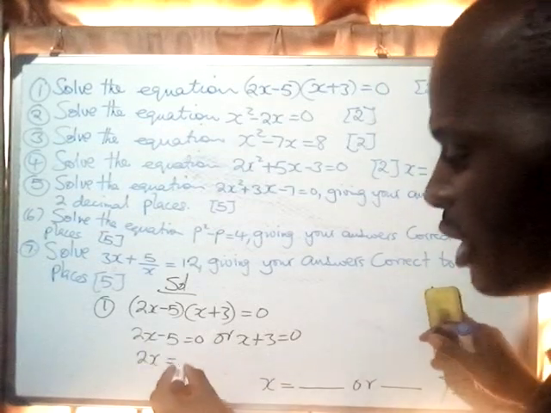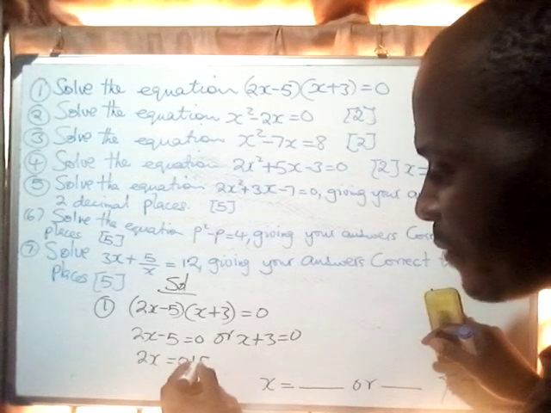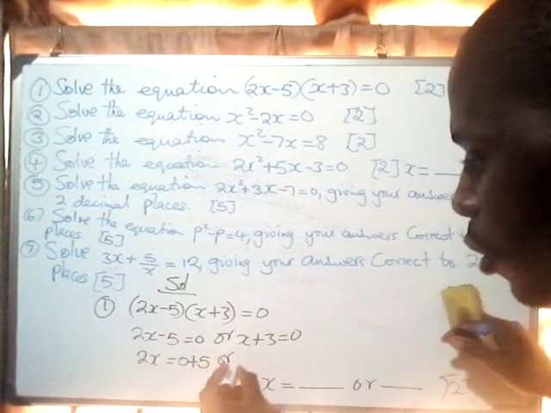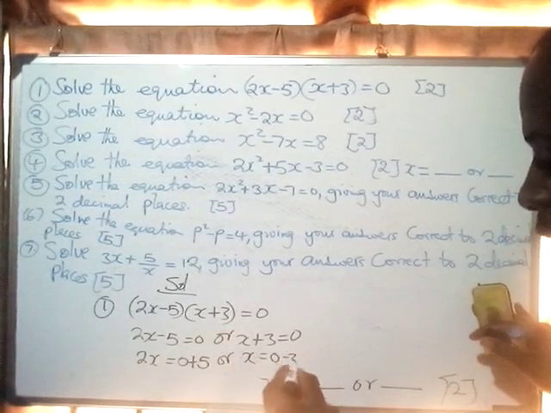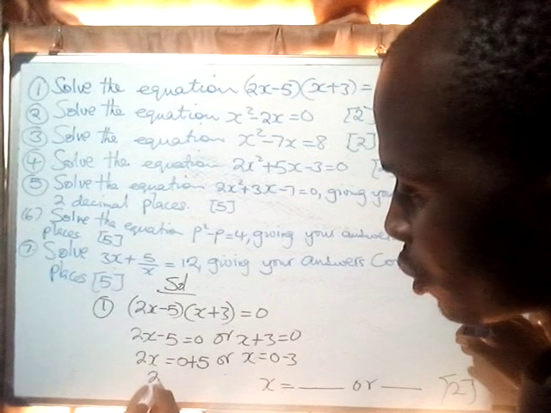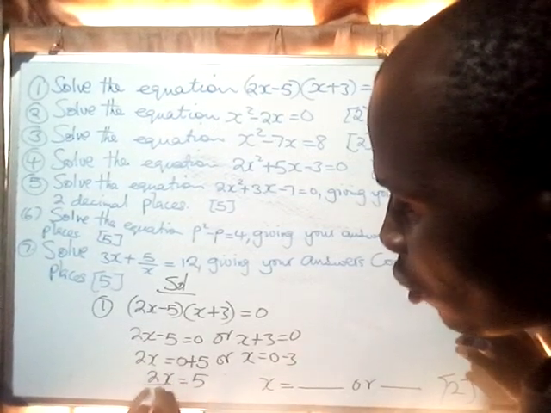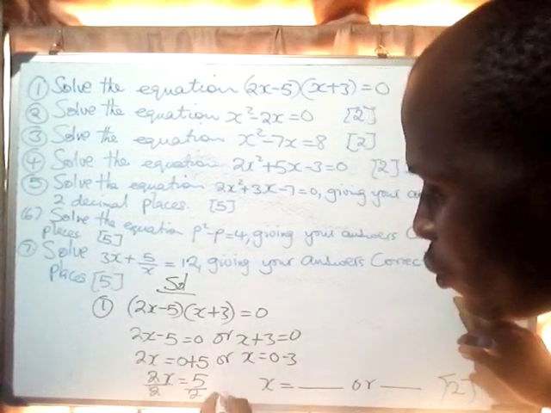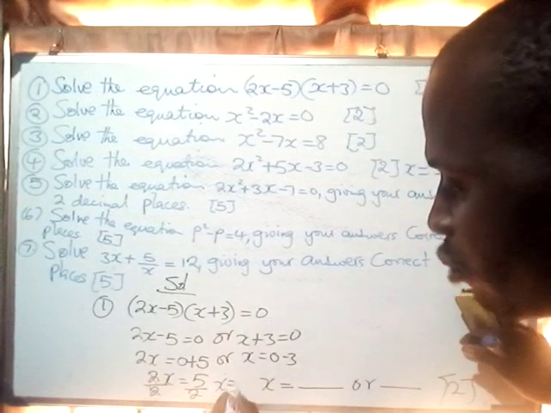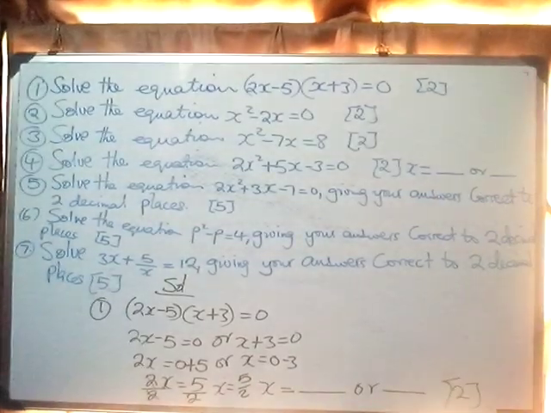The 5 will come to this side, so we have 2x is equal to 0 plus 5, or x is equal to 0 minus 3. So we are going to have 2x over 2 is equal to 5 over 2, so x is equal to 5 over 2. That is the value of x.